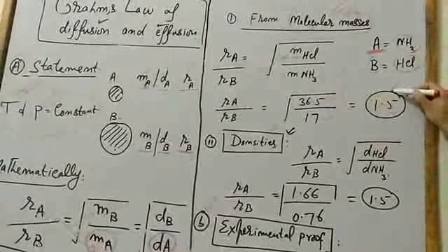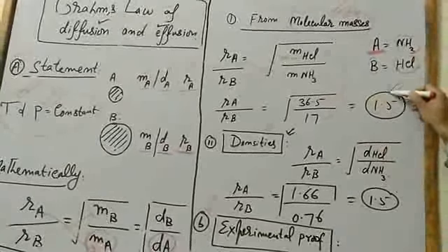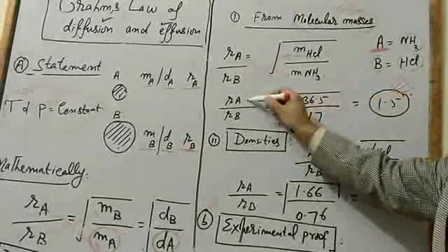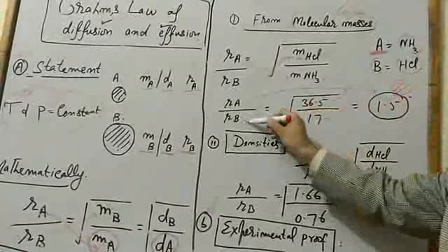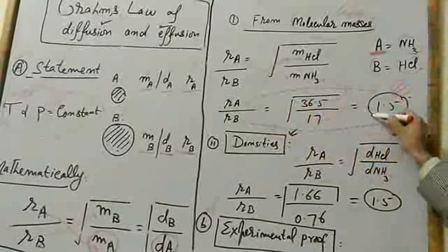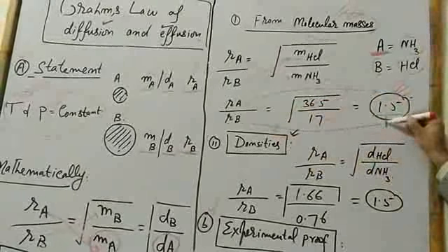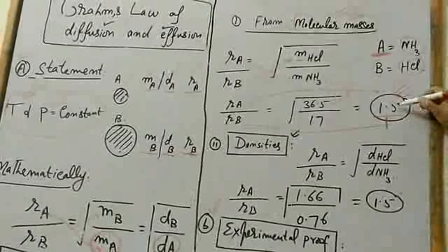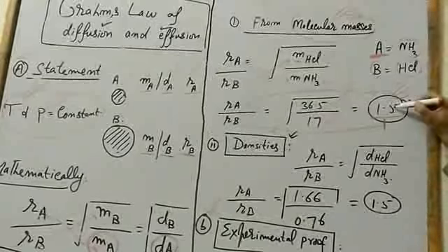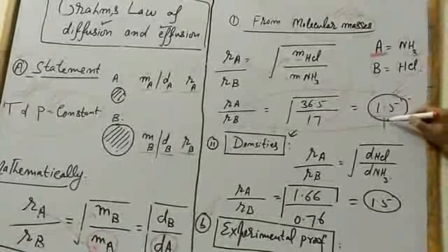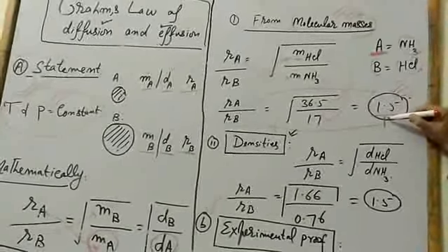You will get the rate of diffusion of ammonia on top and HCl at the bottom, which is 1.5 to 1. It means that if ammonia covers 1.5 meter, then HCl will cover 1 meter.